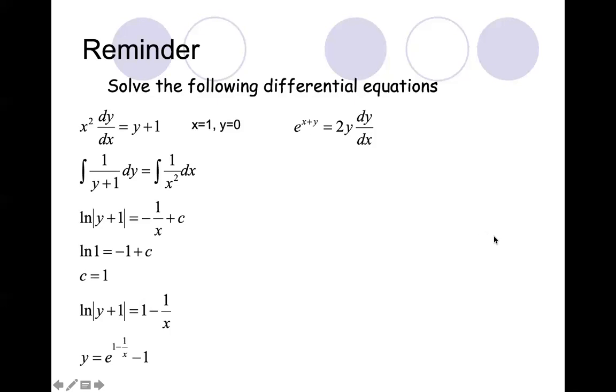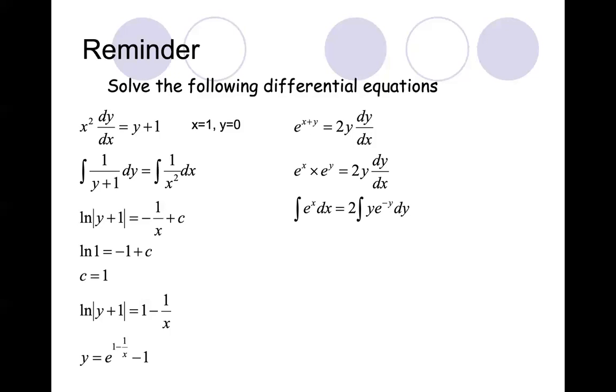Take e to the power x times e to the power y equals dy/dx. Very good. You first put e raised to the power x times e raised to the power y on the right side, equal to that. And then you move the e raised to the power y with the y terms together and the x terms together, right?